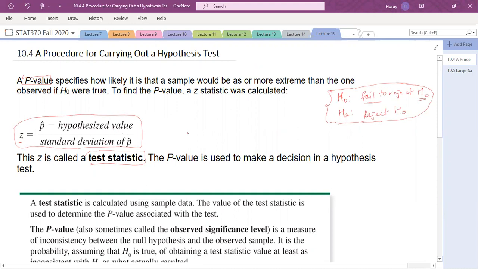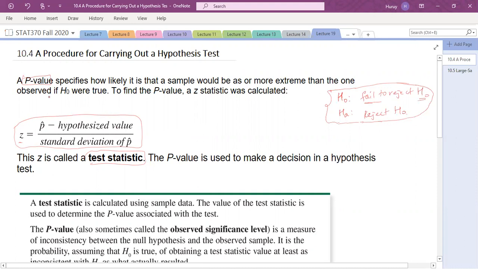And there are other types of test statistics, and I think we will learn at least two or three of them in the next chapters. But for now, this is what we call the test statistic, and basically this is a standardized form of the sample value, which is p hat.